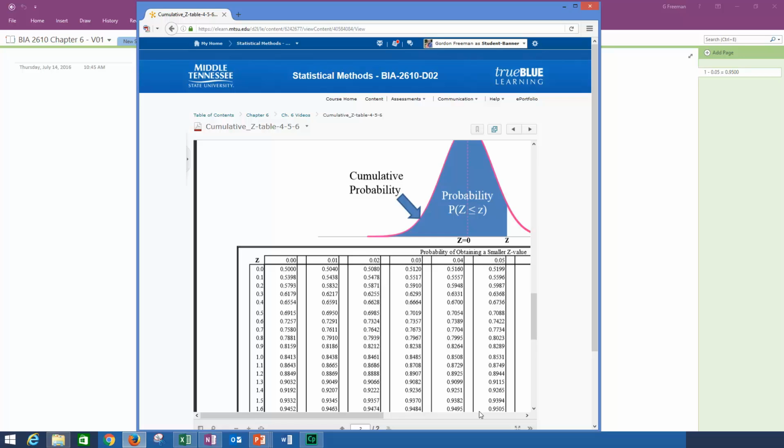But in this case, it's right smack dab in the middle. So when you run into a case like this, I want you to go halfway because it's easy. What's halfway between 1.64 and 1.65? It's 1.645. Just put a 5 on the end of it. The z-value that corresponds to 0.95 is 1.645. And then we can go back there and do the arithmetic.